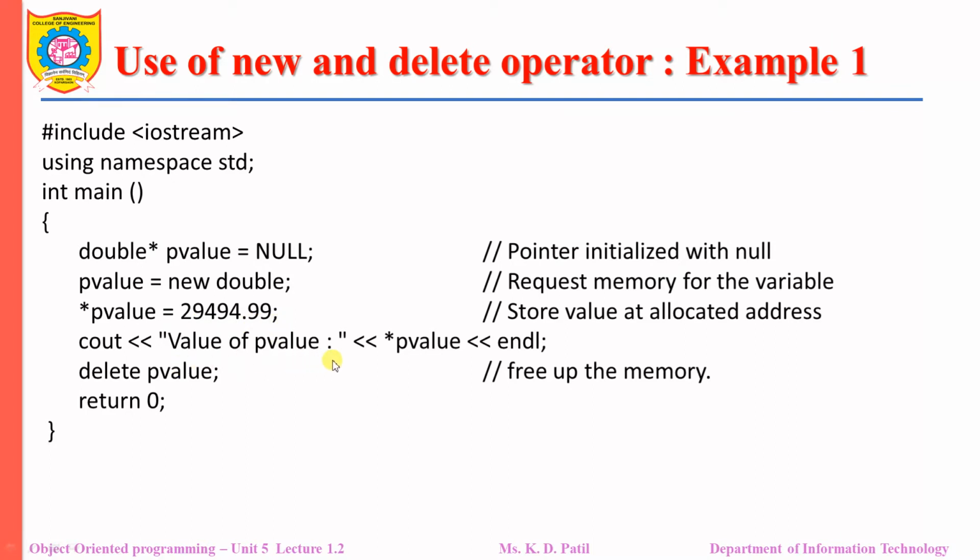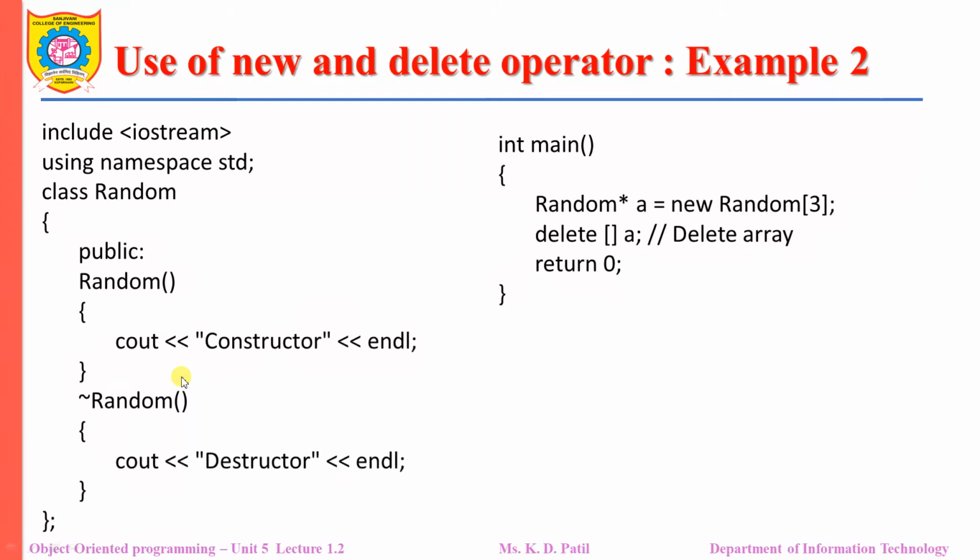Now if you want to print this value, 29494.99 will be stored at that memory and it will be displayed. And using the delete operator, p will be deleted and the memory will be freed. Okay. Let us see another example.